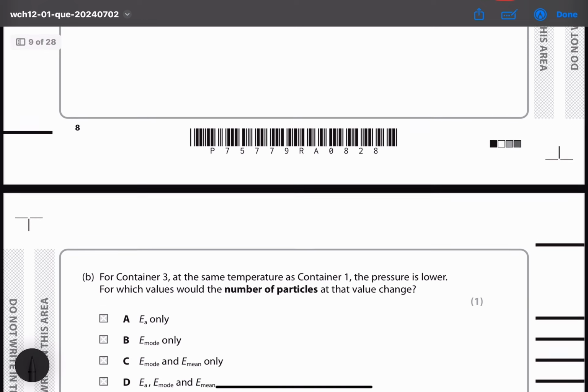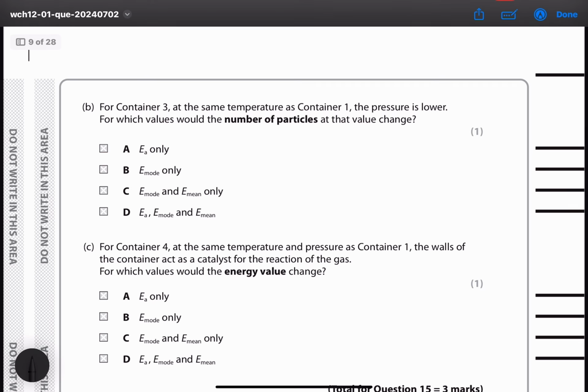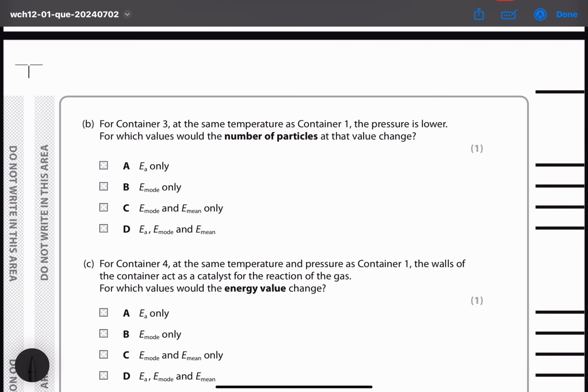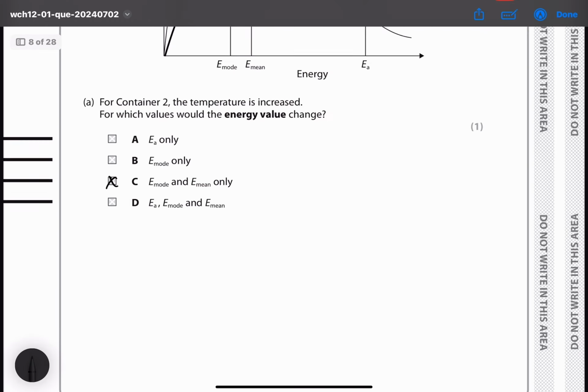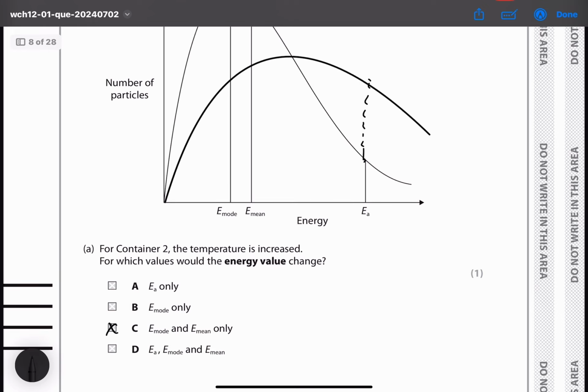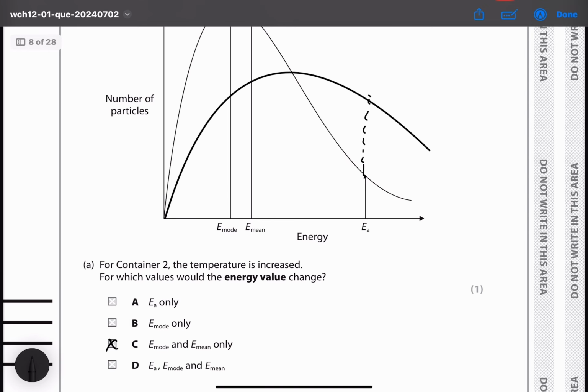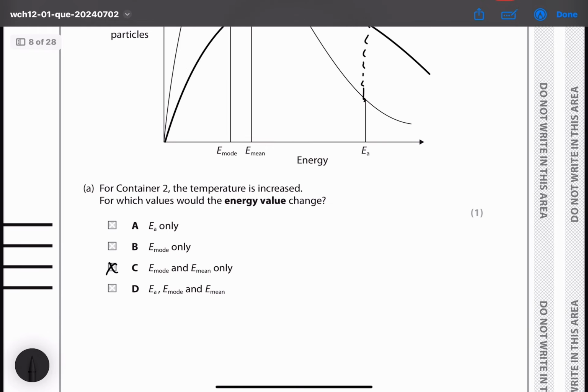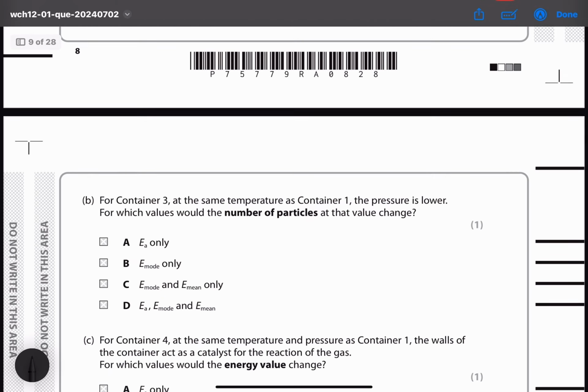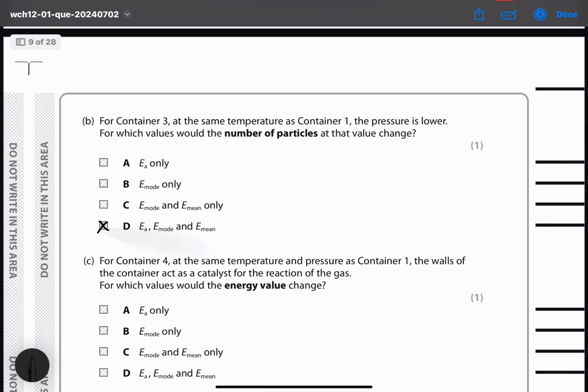So I guess both E mode and E mean along with EA is going to change. So all of them are going to actually change. D, just because there are fewer number of particles in a given volume.